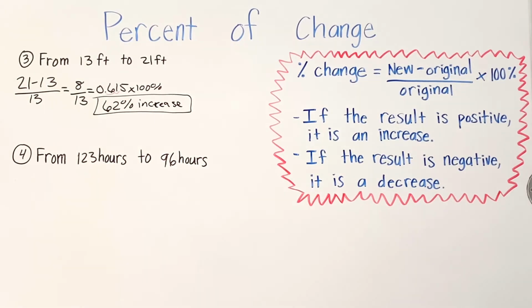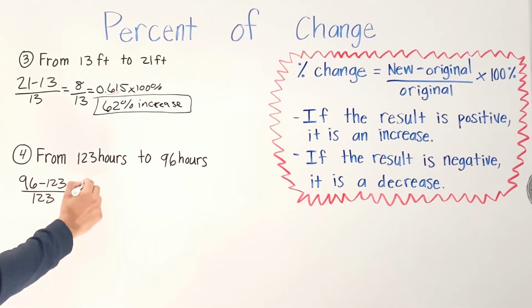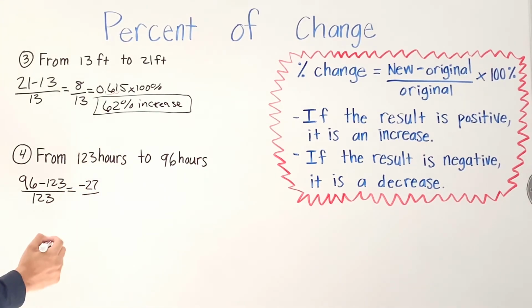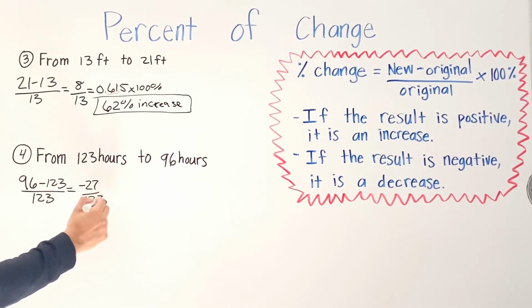For number 4, you look at the formula again, unless you already know it. You start with your new, which is 96, minus your original, which is 123, divided by your original, which is 123. When you subtract 96 minus 123, I know it's going to be a negative number, so it's negative 27 over 123.